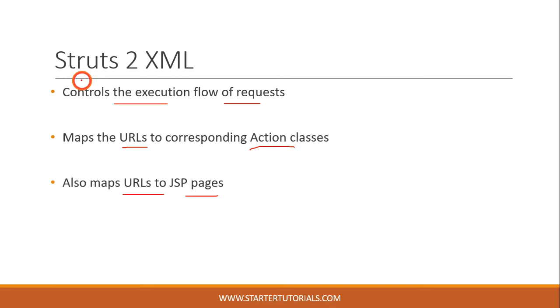So this file just provides some mapping. When a user visits some URL, which action class should execute, and based on the result of the action class, which JSP page should be shown to the user. All these things are taken care of by the struts.xml file.